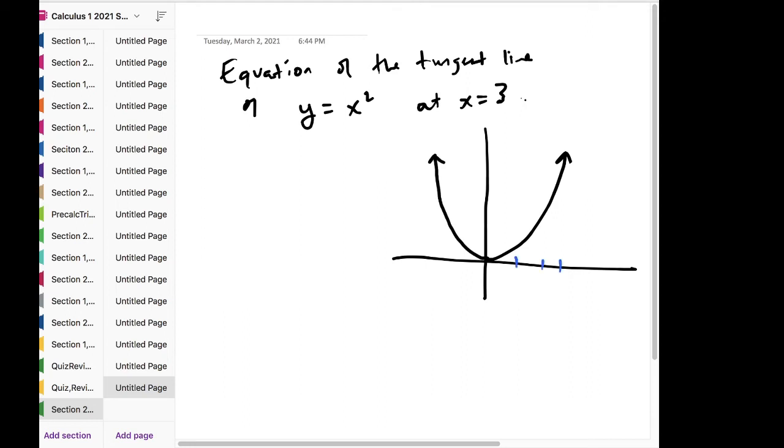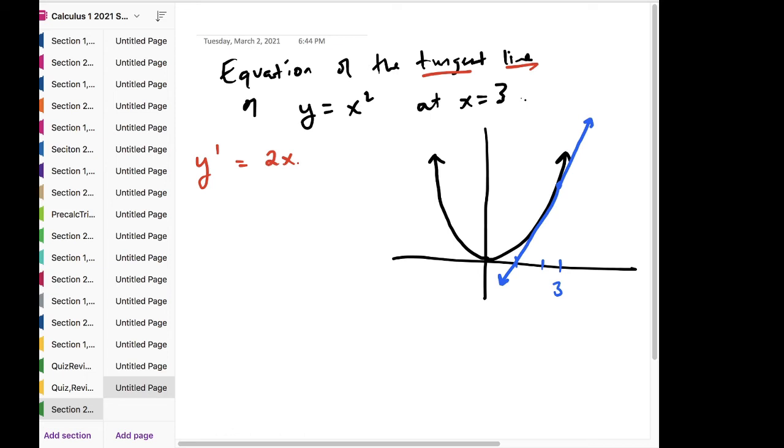You see equation of tangent line, and what's the first thing you should think about? Yeah, find the derivative. Tangent line means probably need the derivative. So y prime is 2x.